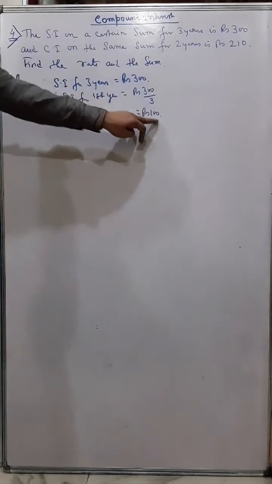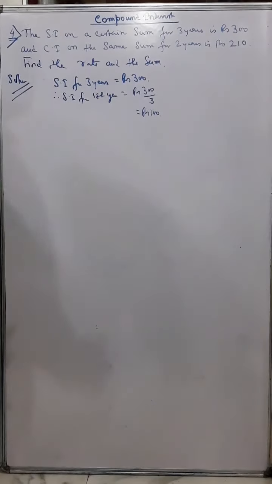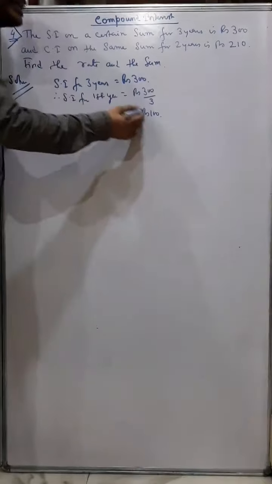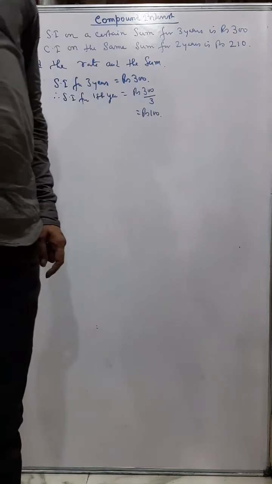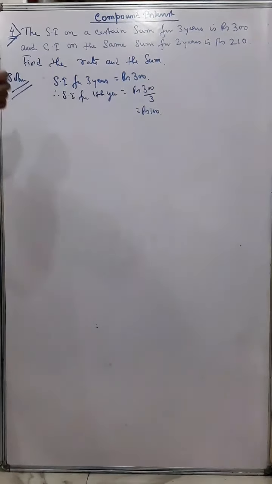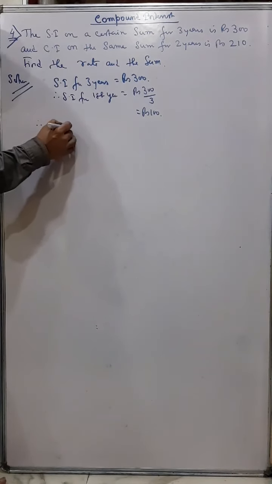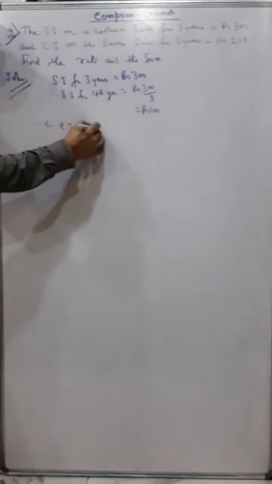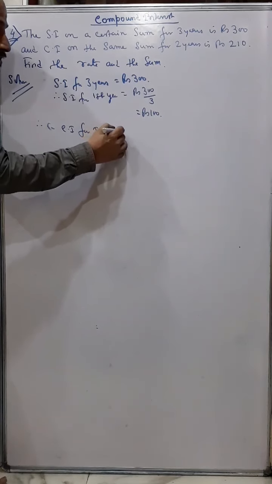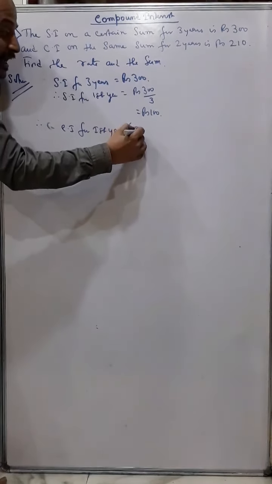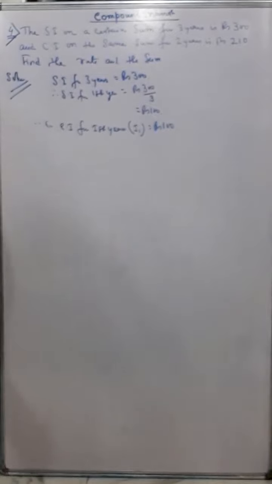So SI for first year I know, and you know first year SI and first year CI is same. So now I can also say therefore CI for first year, symbolically what we say, I1, CI for first year is rupees 100.